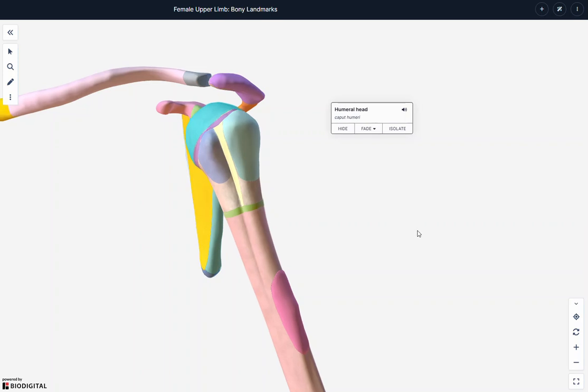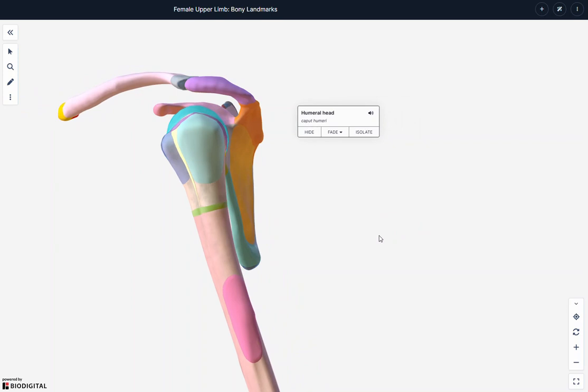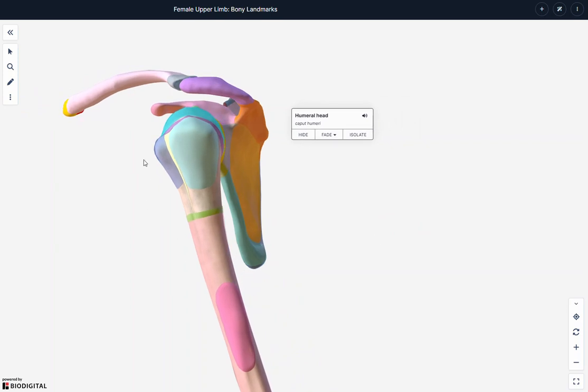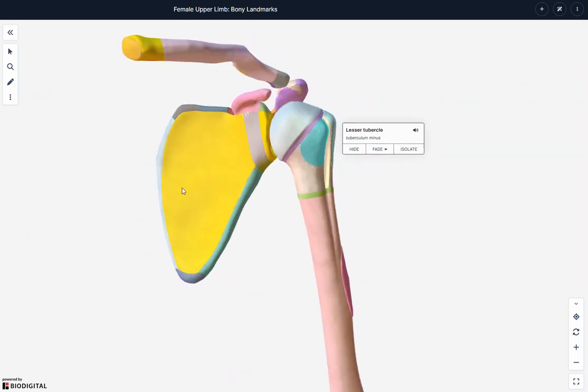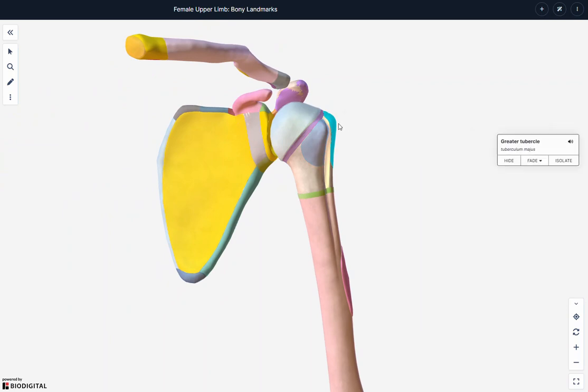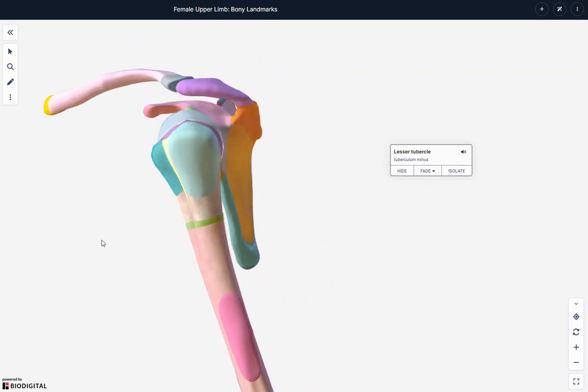Now, if I continue to rotate the arm even more medially, what's in profile? The lesser tubercle is sticking out in profile medially towards the body. So we have external rotation: greater tubercle in profile laterally. Internal rotation: lesser tubercle in profile medially.